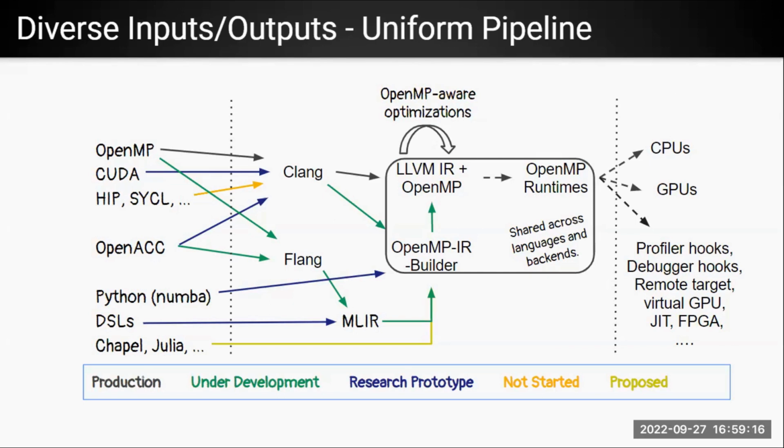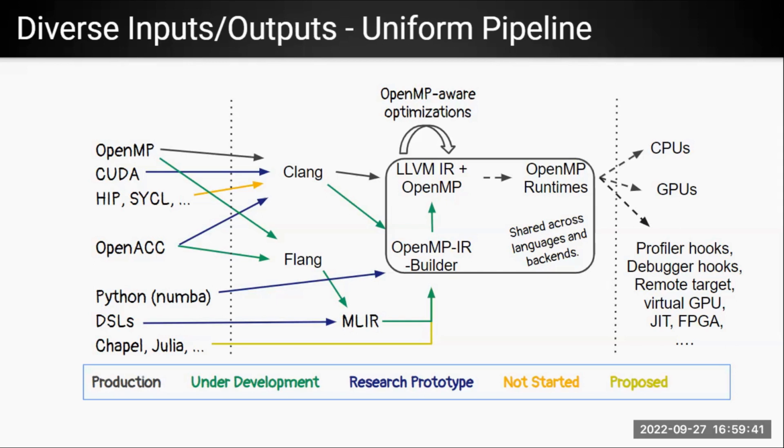Yeah, you see the color coding, right? We have already implemented a lot of those arrows to some degree. Under development means they're committed. Those things are not researchy prototypes, but under development means there's commitment behind them, so they will very likely happen.